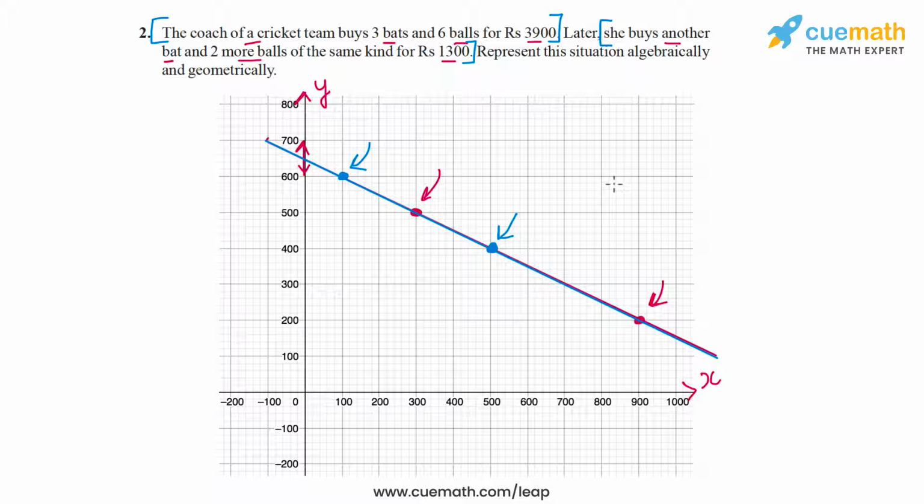So in this case, the two linear equations are such that their lines are identical. So the graphical representation of this given situation is this pair of identical lines that we have drawn. Okay, with that, question 2 is done.